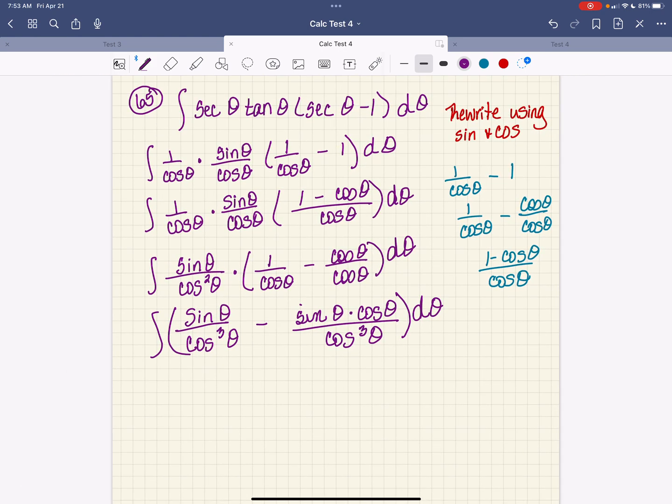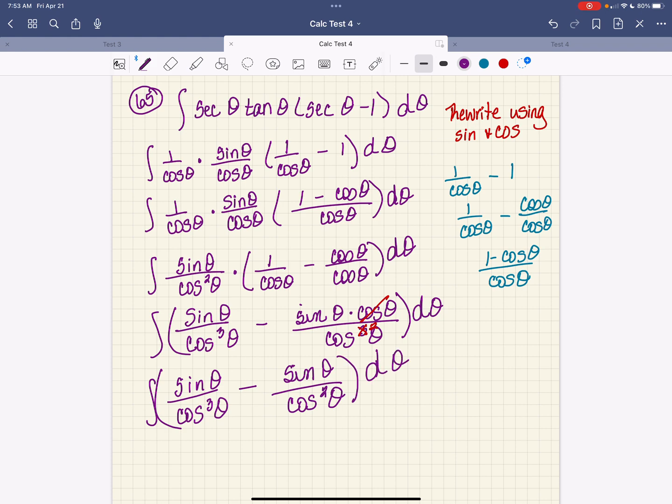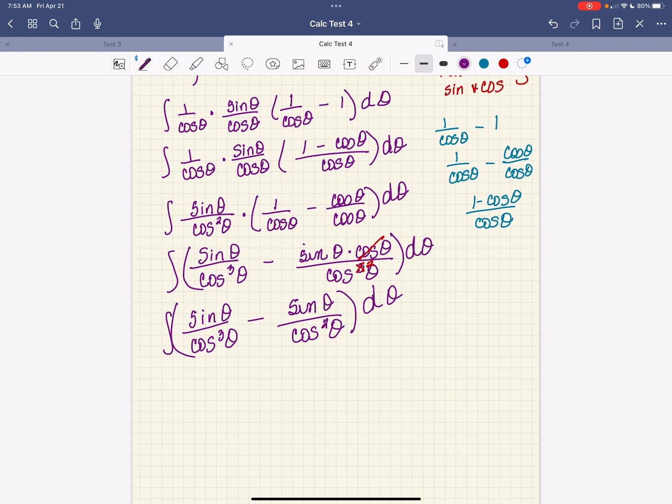Okay, now I'm going to go ahead and make that two distinctive rationals. Okay, so I have sine of theta over cosine cubed of theta minus sine of theta over cosine squared of theta. And then all of this is d theta. Now, if you remember about our integration rules, I can take the antiderivative of this and subtract the antiderivative of this.